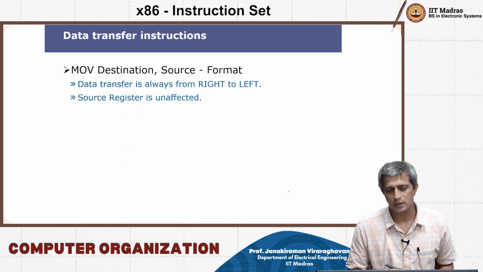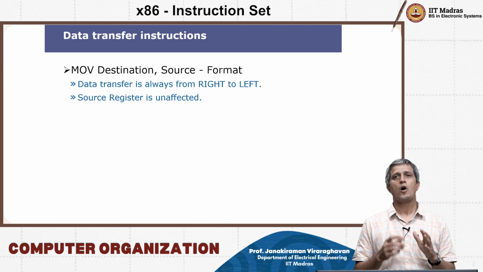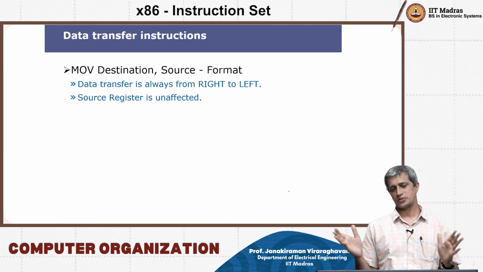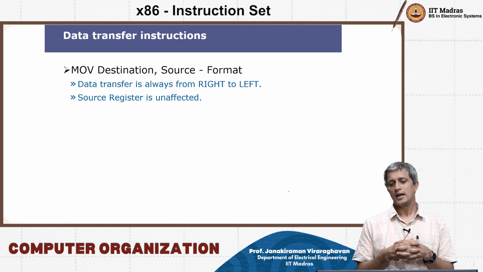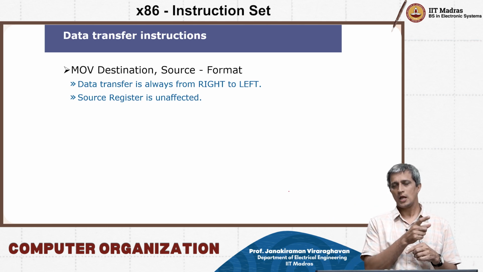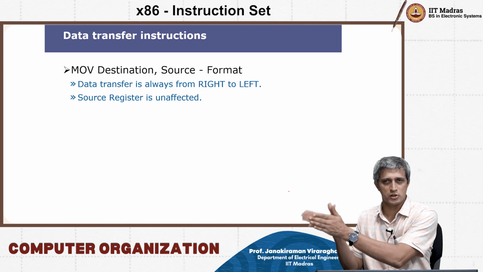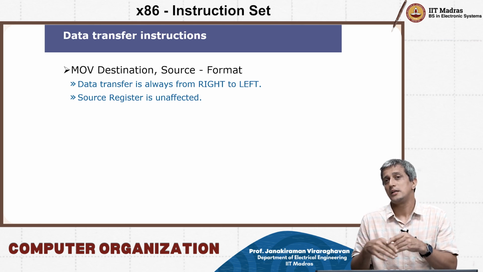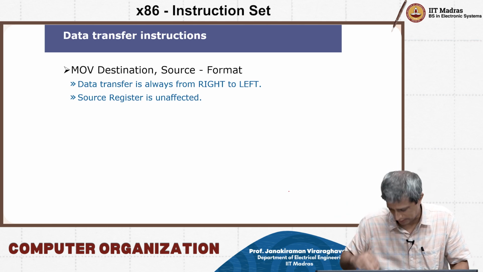So let us start with data transfer instructions. Typically I might want to move data from one register to another register. The way it happens in x86, data transfer is always right to left, meaning that the source register is on the right and the destination register is on the left. After the data transfer, the source register is always unaffected.